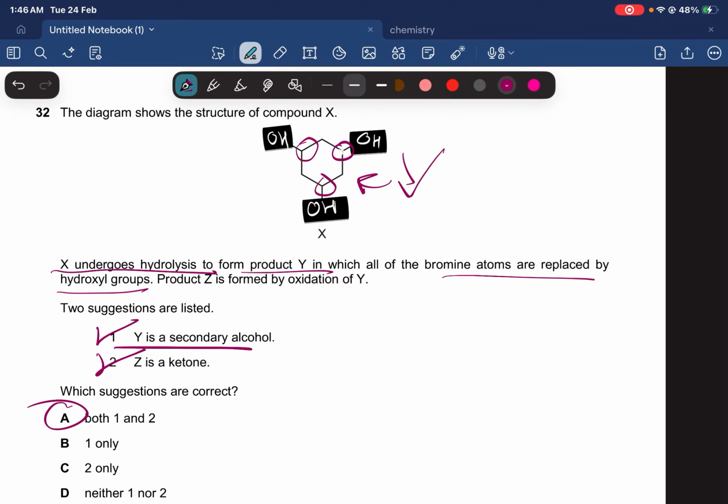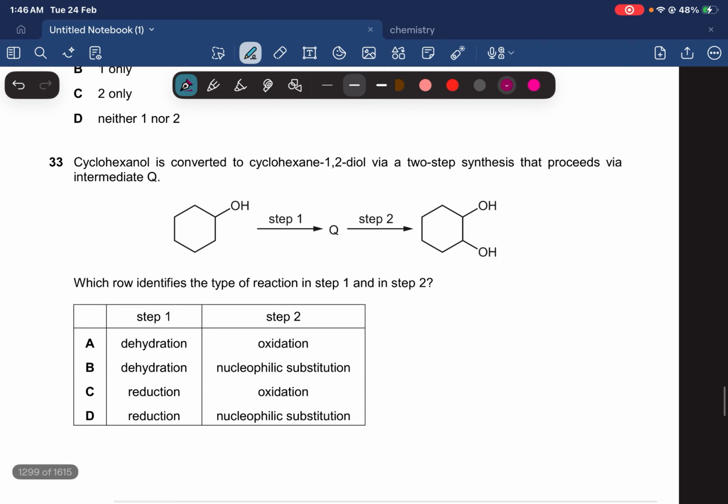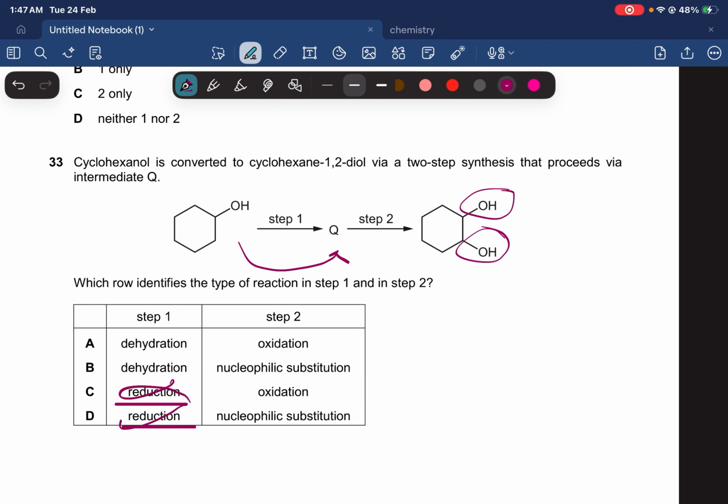So, step 1 converts the OH to something, and then in step 2, you add 2 OH to it. Is it reduction? If we reduce, can we reduce alcohols? I don't think so. We can dehydrate them.